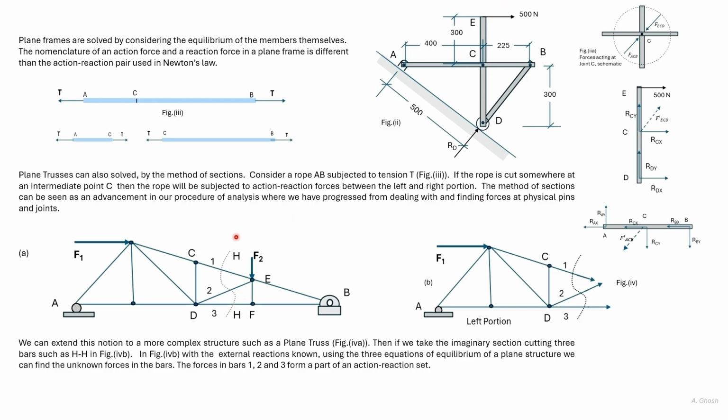If we separate the left-hand portion, then the left-hand portion is in equilibrium under external forces and these forces in bar 1, 2, and 3. Using the three equations of equilibrium, we can find the forces in bar 1, 2, and 3.